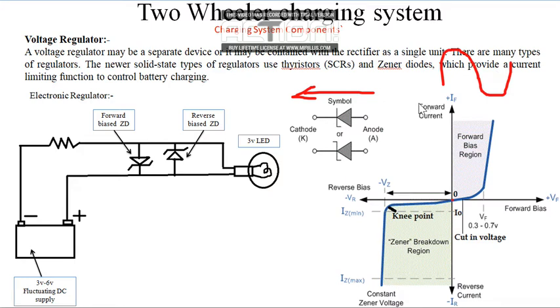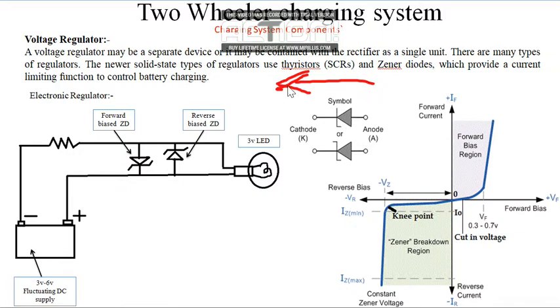For the forward bias current, whenever the current flows in this direction, it conducts current. We arrange the circuit in such a way that the arrow of this diode is aligned with the flow of current.